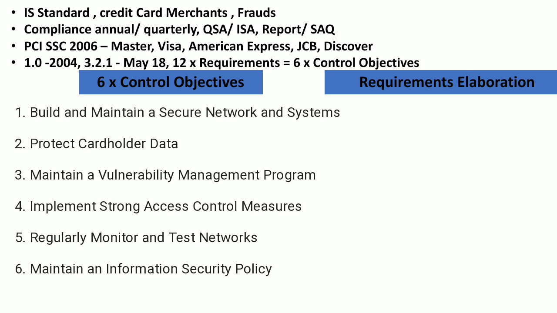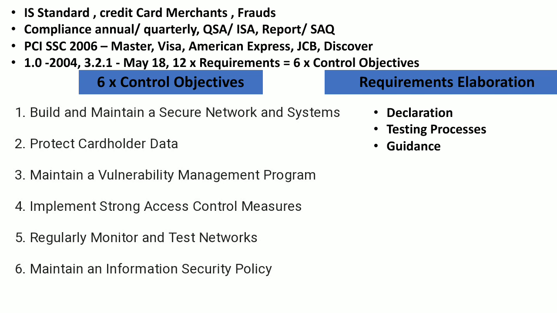Now, once we talk about these 12 compliance requirements which a merchant has to fulfill, each requirement is elaborated into 3 sections, and first is the declaration portion, which actually tells what this requirement is.